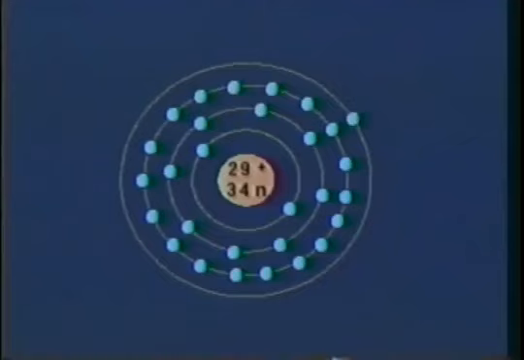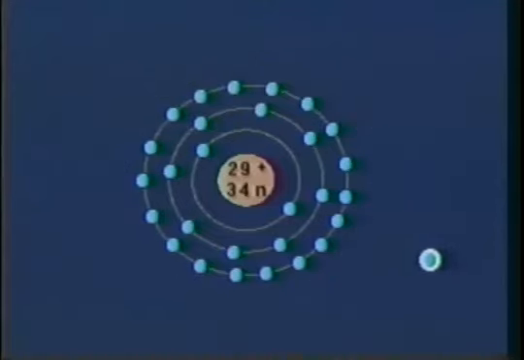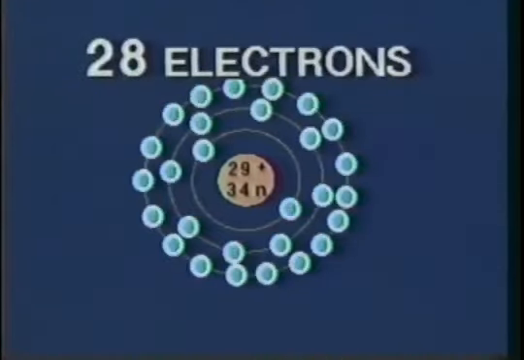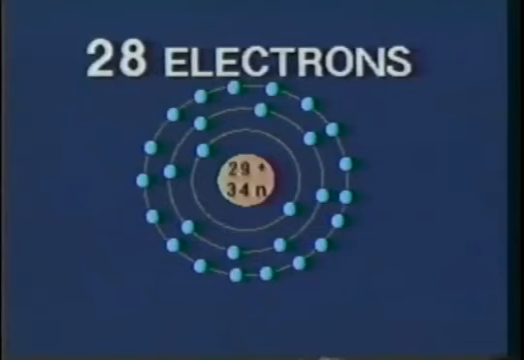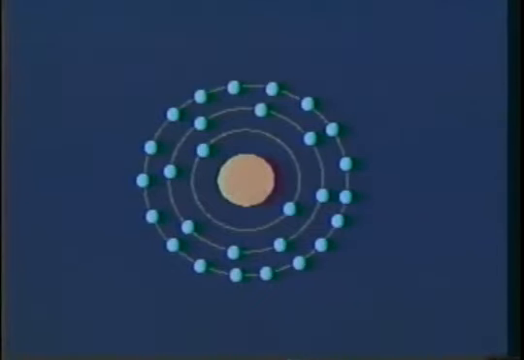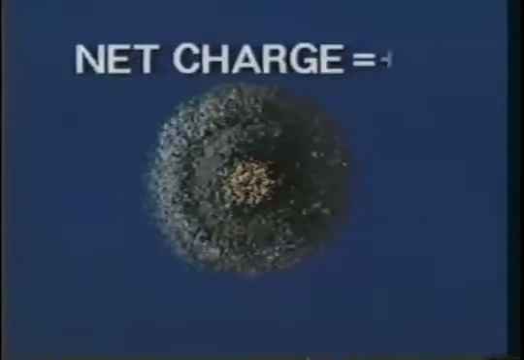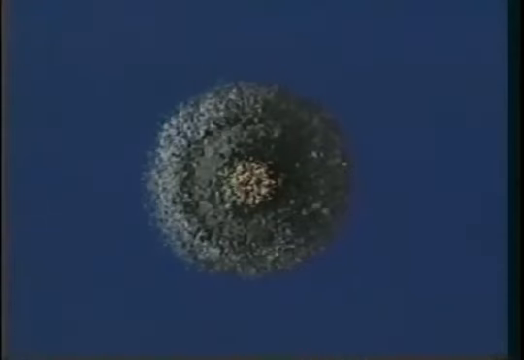The outermost electron is very loosely held. It can therefore drift away until it comes under the influence of another nucleus. The atom now has one less electron than it has protons. Consequently, it is no longer neutral, but it has a positive charge.